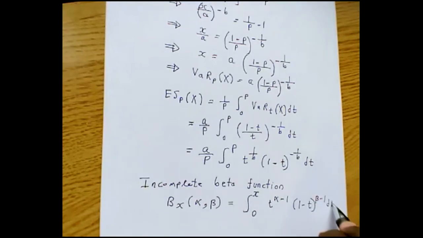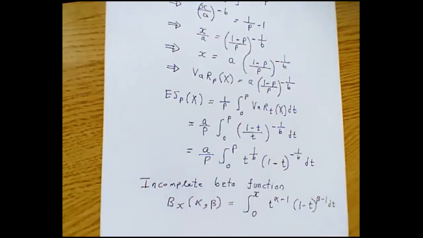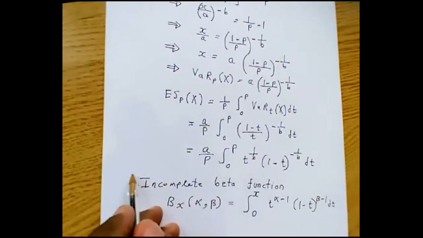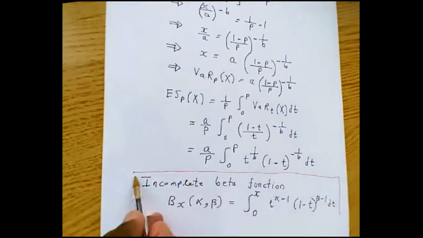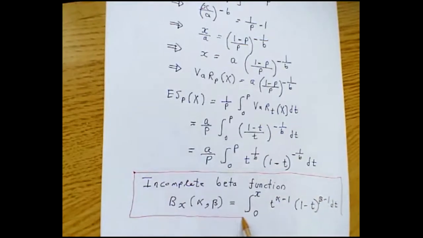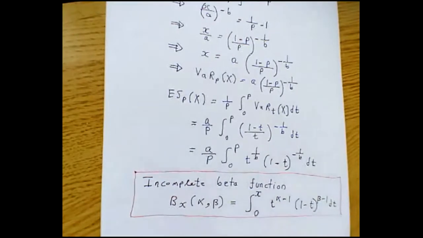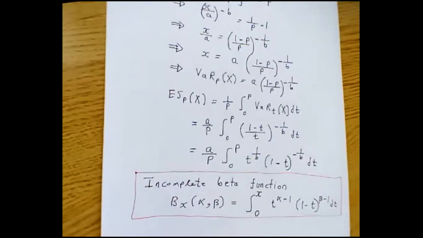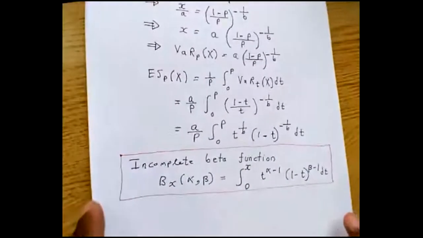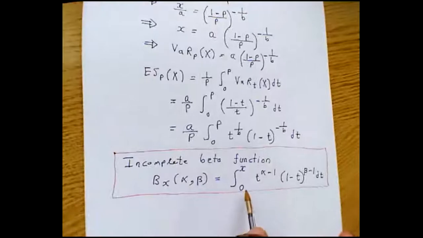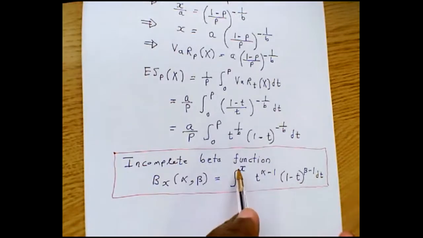Okay. All right, guys. So this is the definition of the incomplete beta function, right? Let me put this in a box. As I said, the difference between the incomplete beta and the beta is that for the beta function you integrate from 0 to 1.